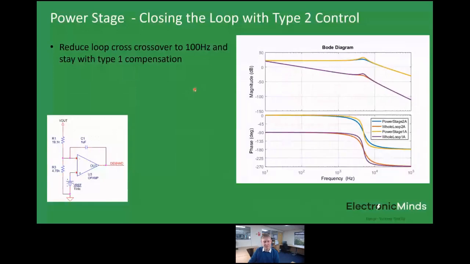That gives us unconditional stability in the system now. It doesn't matter that we get a peaking effect in our power stage under light loads. We still get a nice, well-controlled system, but it's a lot slower. You could go ahead and design type 2 or type 3 compensation to improve that further if you wanted to.